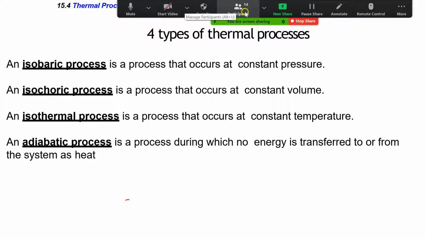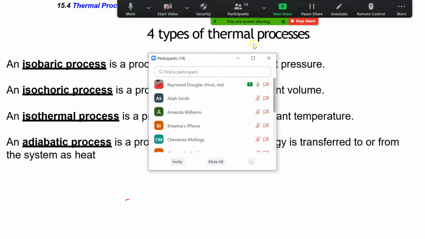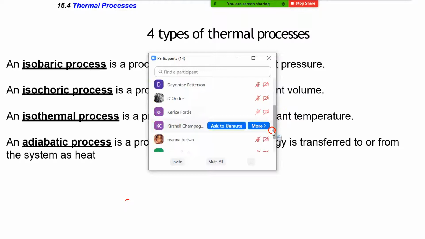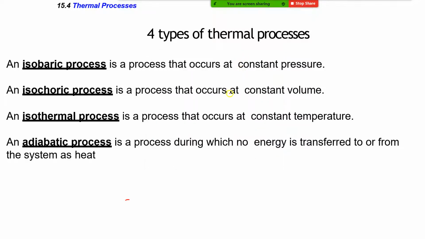Now I think we're back up to our full capacity in terms of the amount that was here, so we can possibly resume. Now, whenever we're dealing with thermodynamics, there are some types of thermal processes that take place, right? And we have to become familiar with these terminologies and when those processes are taking place.